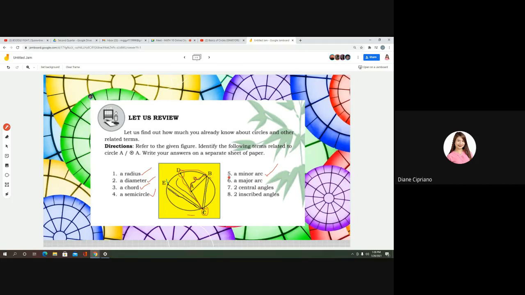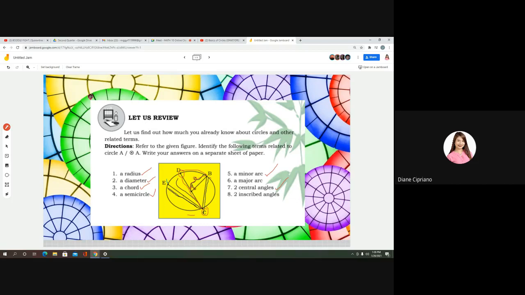For the minor arc of C and D, the major arc would be B, D, E, and C. For the two central angles, it is the angle touching the central point.